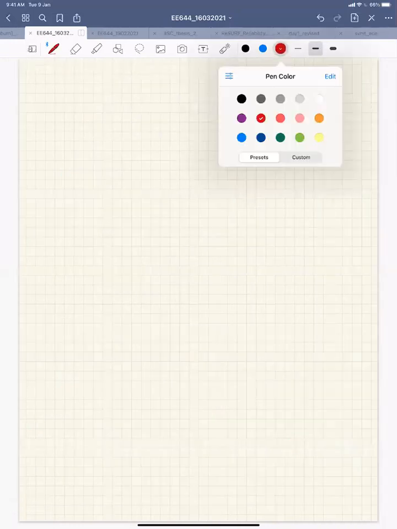Talking about the heterojunction, let's say the band gap of the emitter is more than the band gap of the base, right?